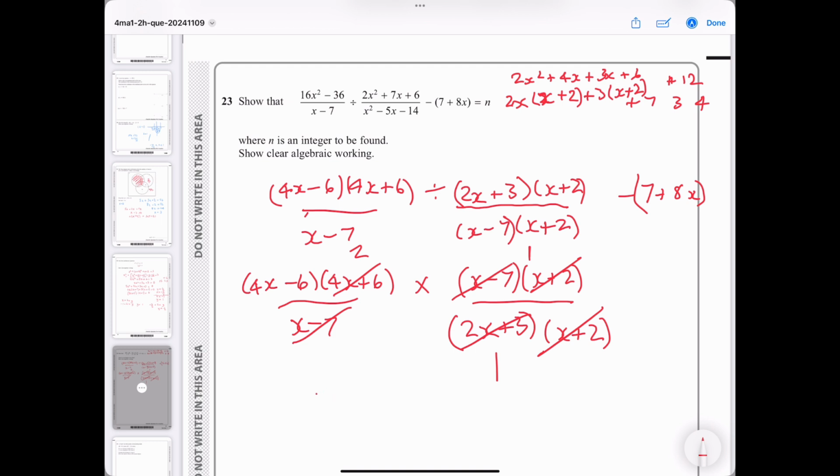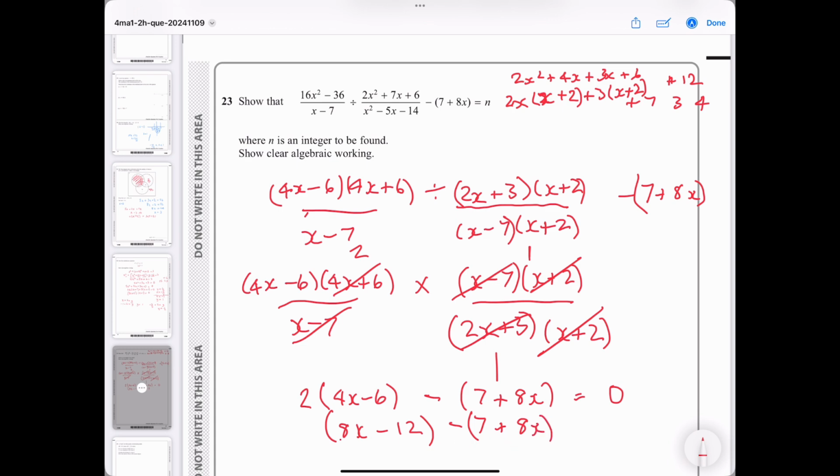So now we've got 4x minus 6, times 1, which is just 1, and then it's minus 7 plus 8x. Well, this does make sense, because 2 times that is 8x minus 12, and then that's minus 7 plus 8x.